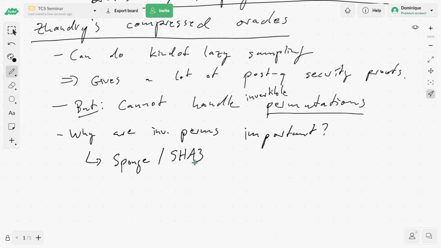And since we don't know anything about invertible permutations, it means that we knew so far nothing about the post-quantum security of the main hash function that is used in practice.